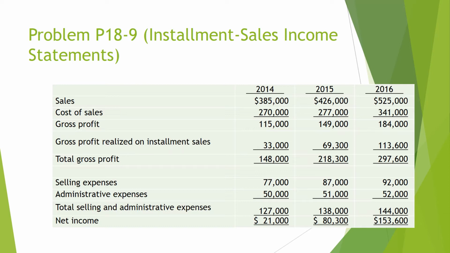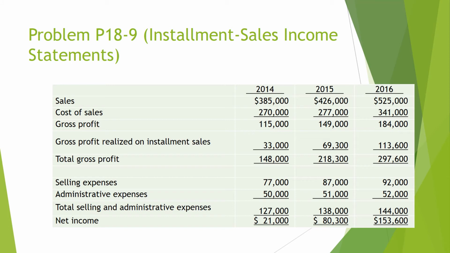Selling expenses for 2016 were $92,000 plus the administrative expenses of $52,000, so the total selling and administrative expenses is $144,000.